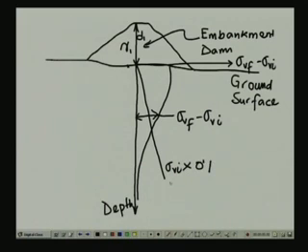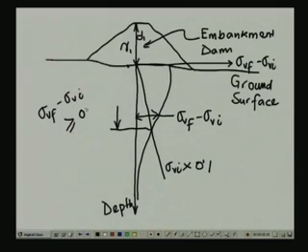So, 10% of sigma Vi we are plotting, and you can see that this is the depth up to which sigma Vf minus sigma Vi is greater than or equal to 0.1 times sigma Vi.